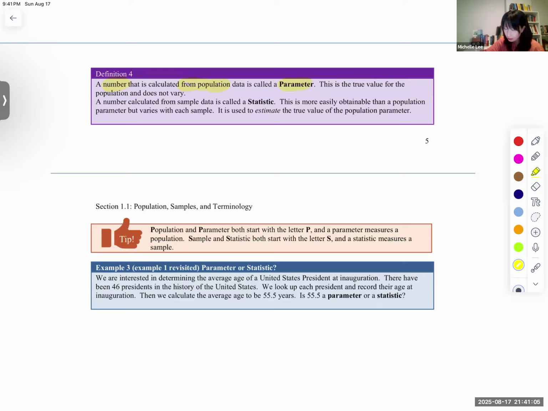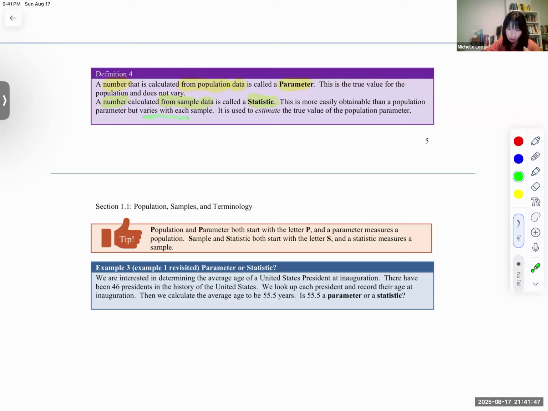So let me highlight: number calculated from the sample data is a statistic. They say that this is more easily obtained than a population parameter. But if we do that, the statistic varies from each sample, right?